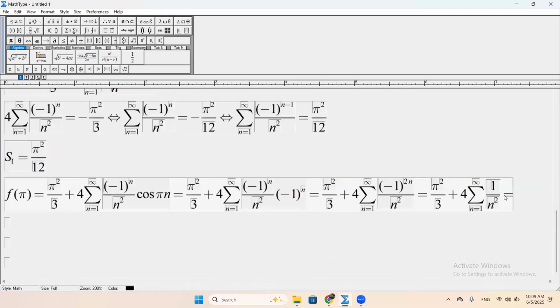So all this stuff equals p squared. So now let's solve this equation with respect to the series, to the sum S2.